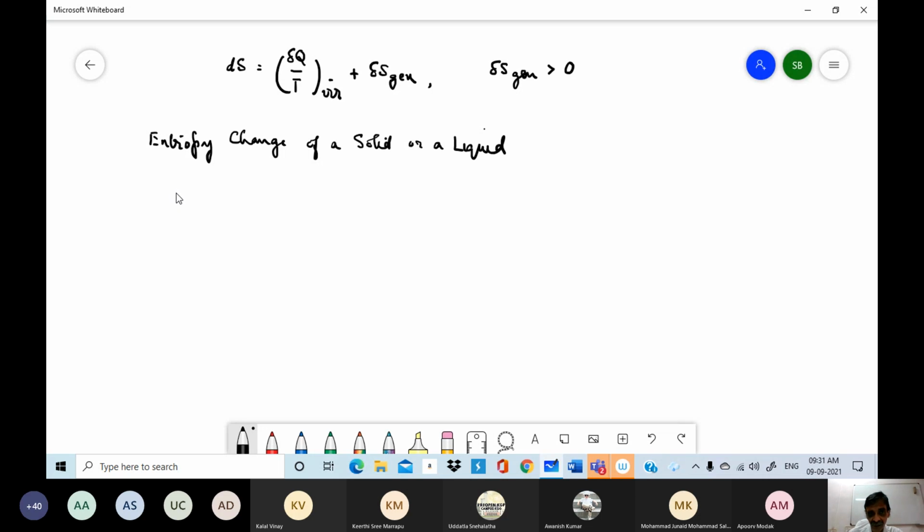Again, entropy is an extensive quantity. If I calculate the value per unit mass, in that case, the value is called the specific entropy.